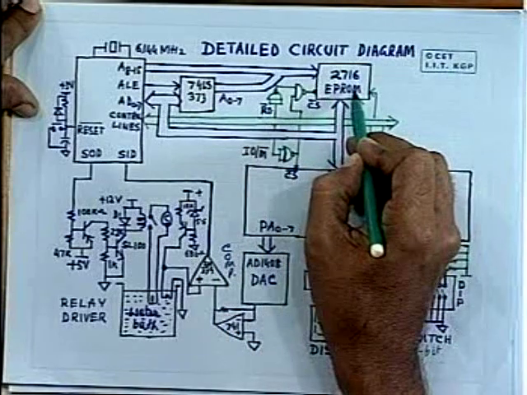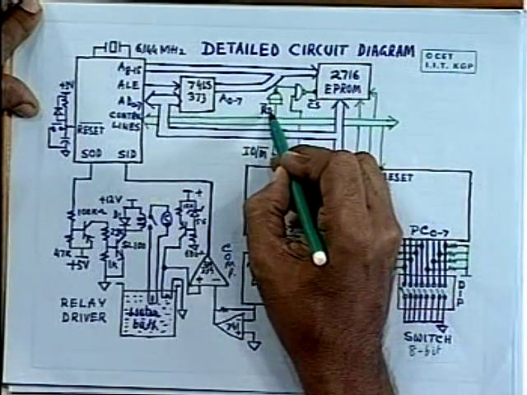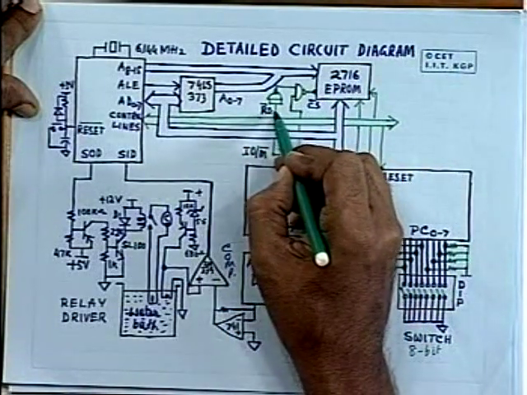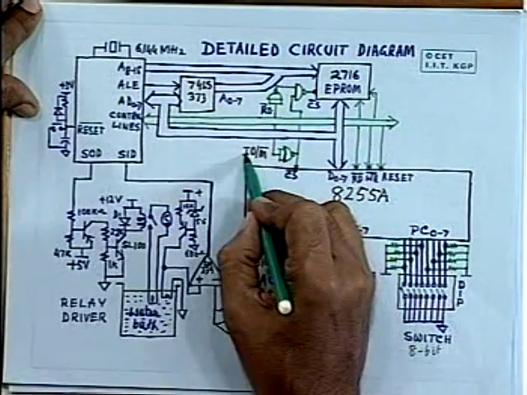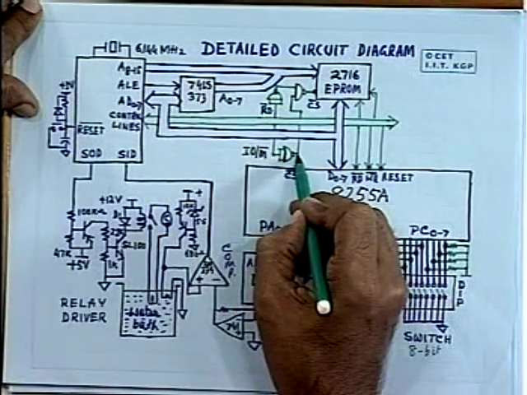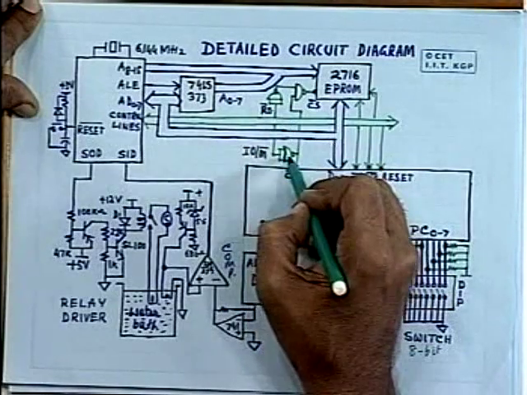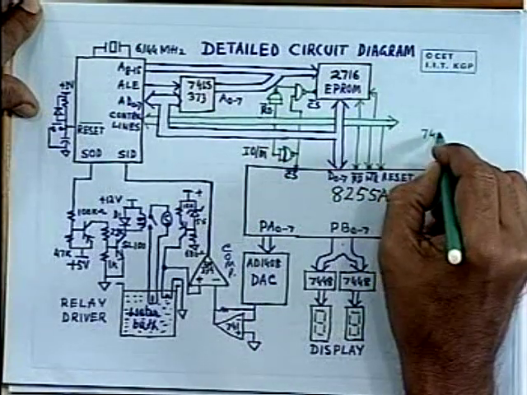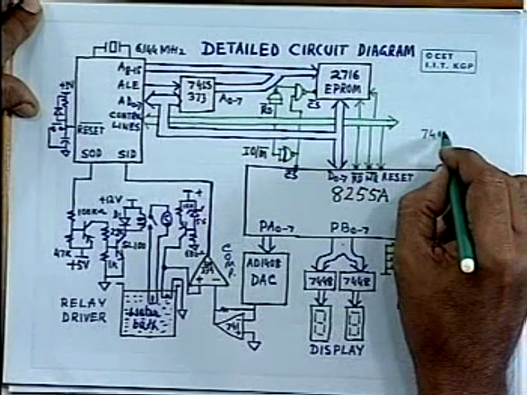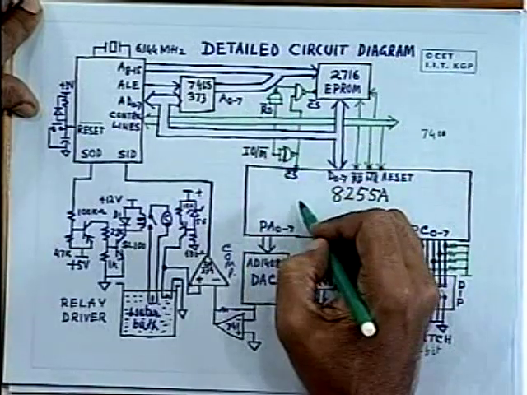This ROM is selected whenever the read line is active, that means read line is 0, and IOM line is also 0. So by making use of a 7400 NAND gate, this device decoder circuit is implemented.